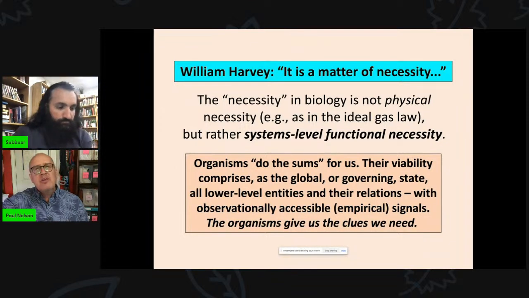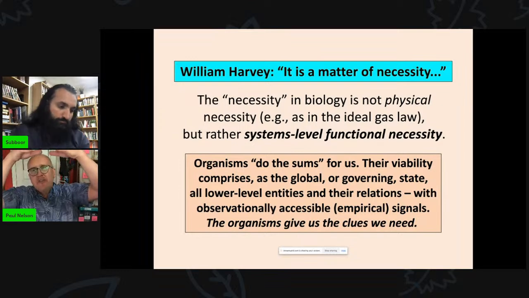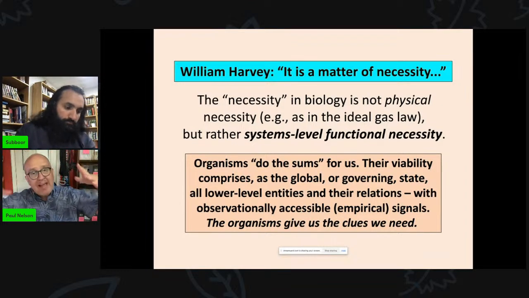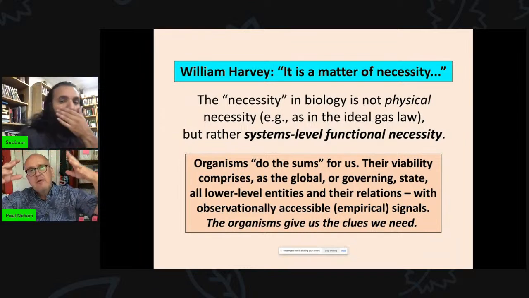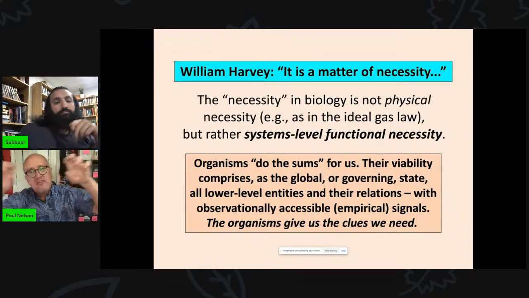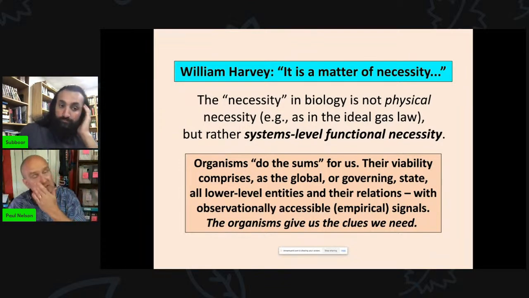And viability as the governing or top state in our hierarchy of relations tells us, if you say no magic, then it's got to work somehow, and we can triangulate then to the existence of systems that we haven't yet seen, such as blood circulation. The organisms, in other words, give us the clues that we need.